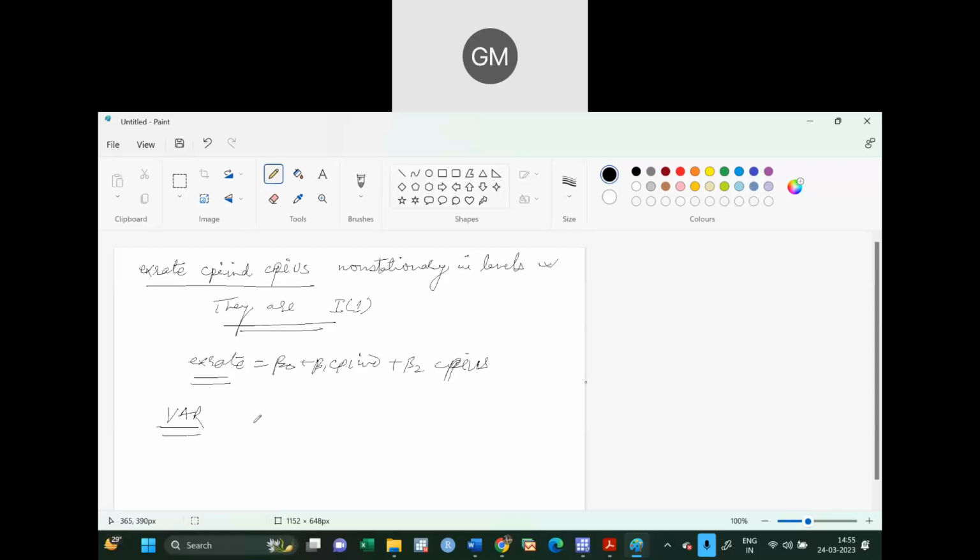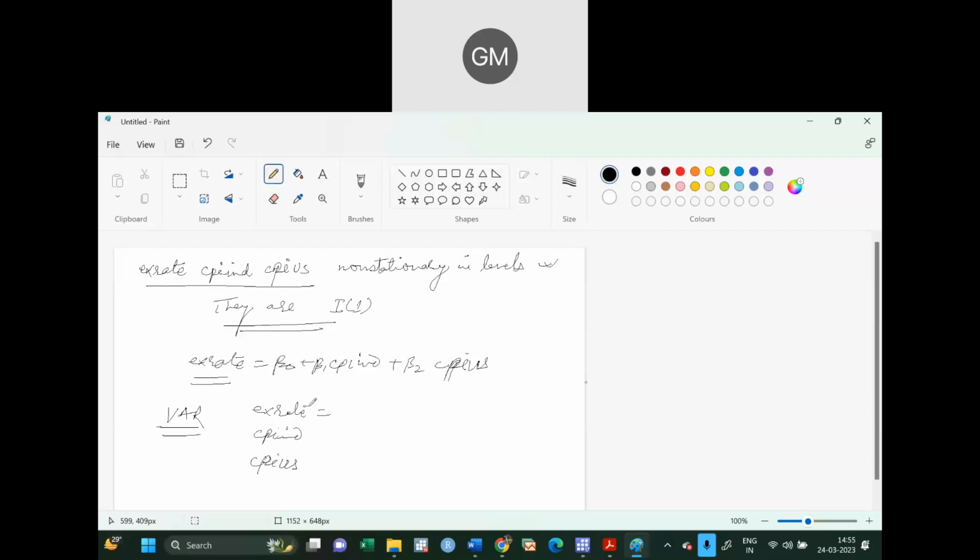And when you talk about vector auto regression, what it means is that you have three variables here: exchange rate, CPI India, CPI US.